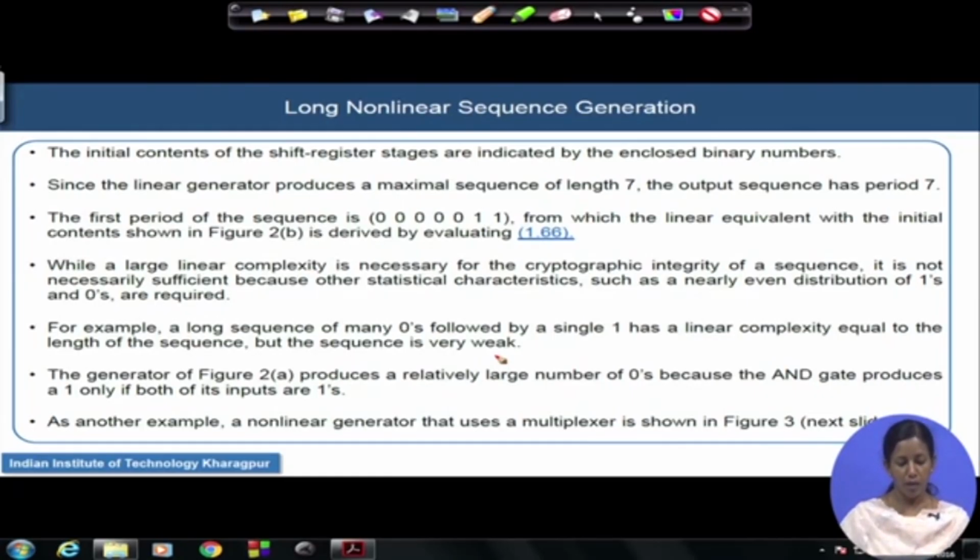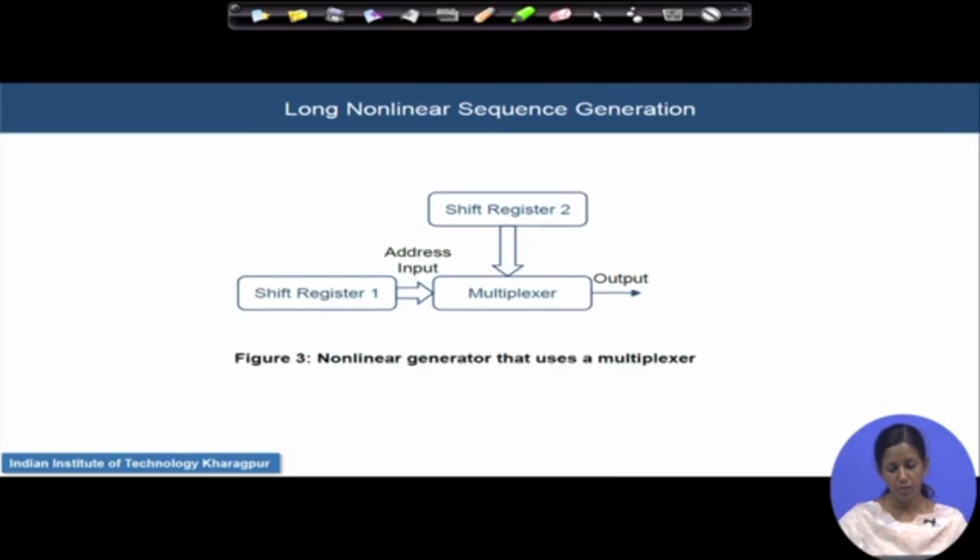So, another example of generating a long nonlinear sequence we will take in the next slide. Let us see. Here the idea is that you have two different shift register sequences.